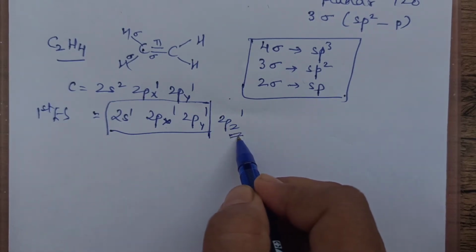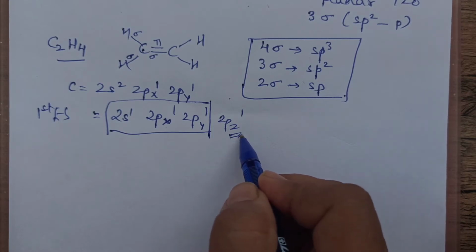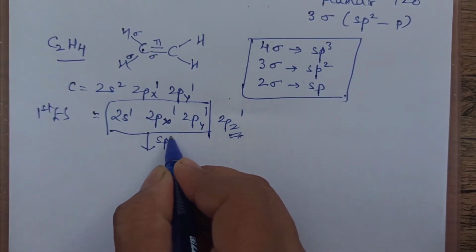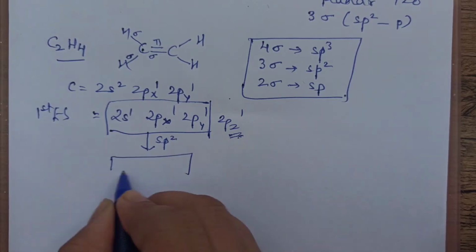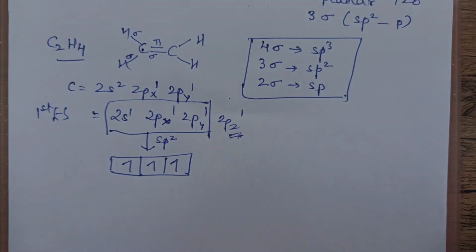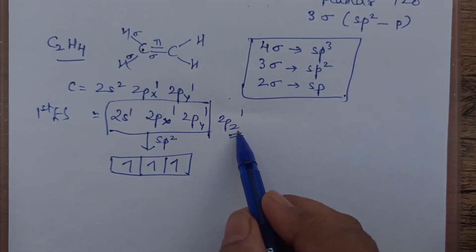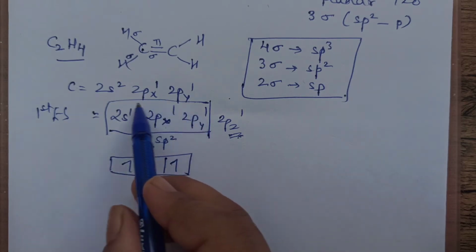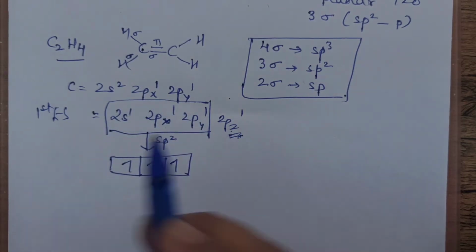Whichever is left over, that is a pure orbital. These three which have undergone mixing undergo sp2 hybridization, and it will result in three sp2 hybrid orbitals, each having one electron, and this is a pure orbital. So each carbon has three sp2 hybrid orbitals and one pure orbital.